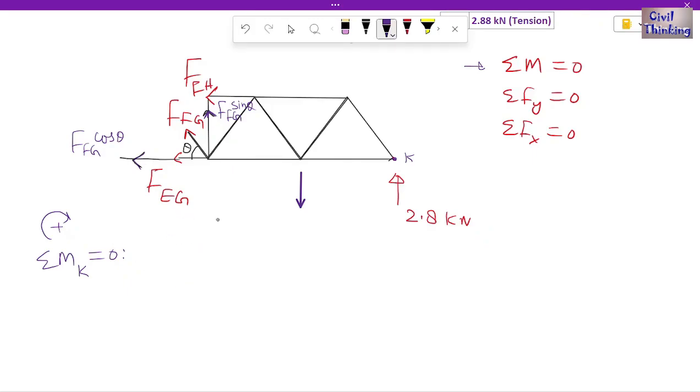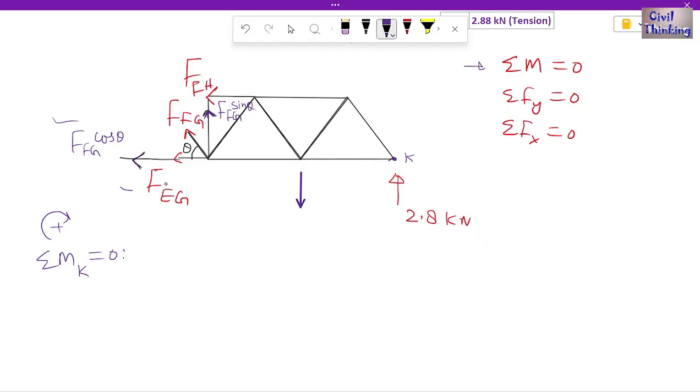The line of action of FEG is passing through K, so the moment due to this force about K is going to be 0. Also the FFG cosine theta component is passing through K, so its moment about K is 0, so we will not consider this either.